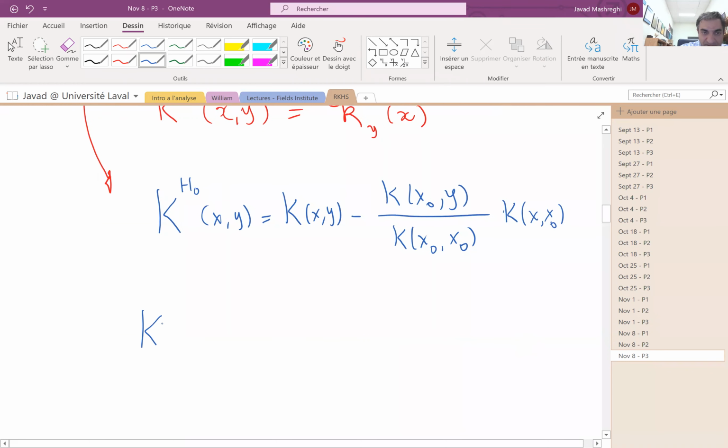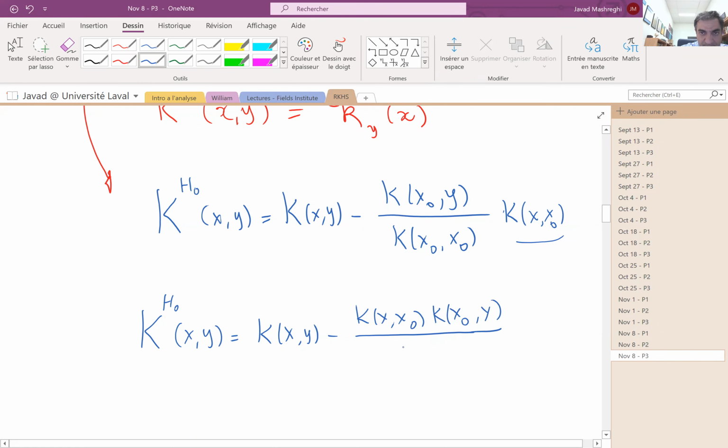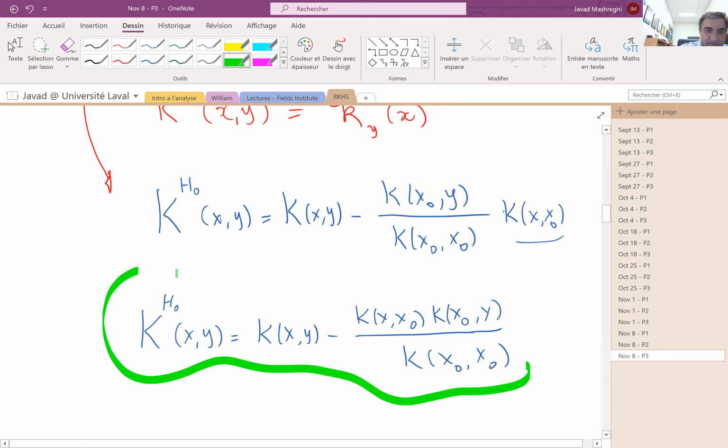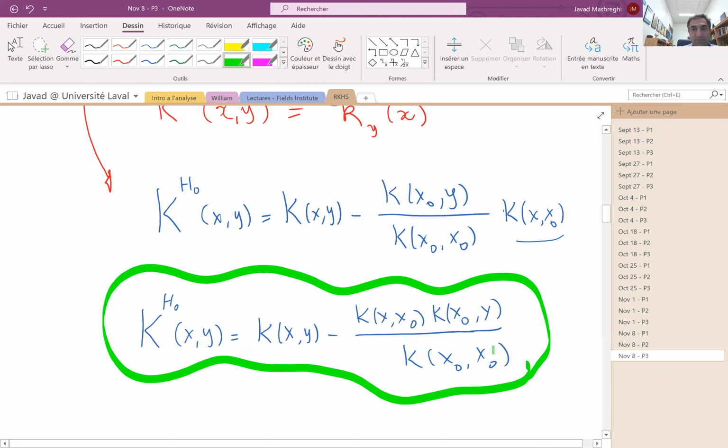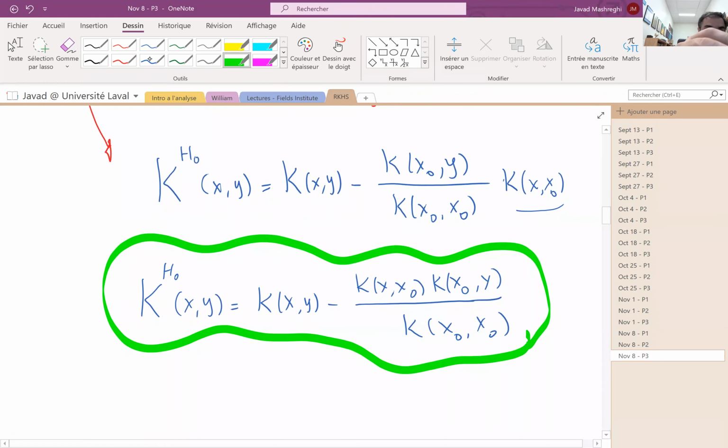We wrote it as K_H0(x, y) is equal to K(x, y) minus, we wrote this first, that's the kernel for the subspace of functions which vanish at point x0. Does this ring a bell?